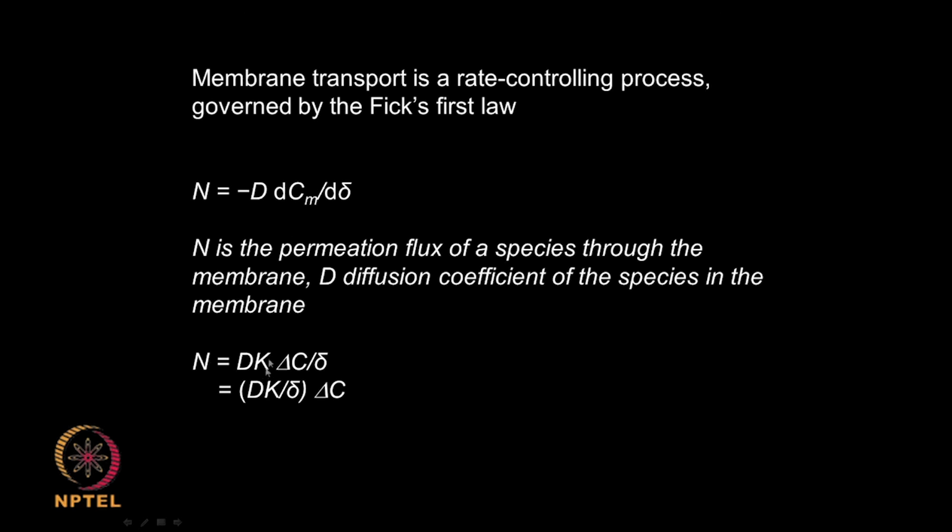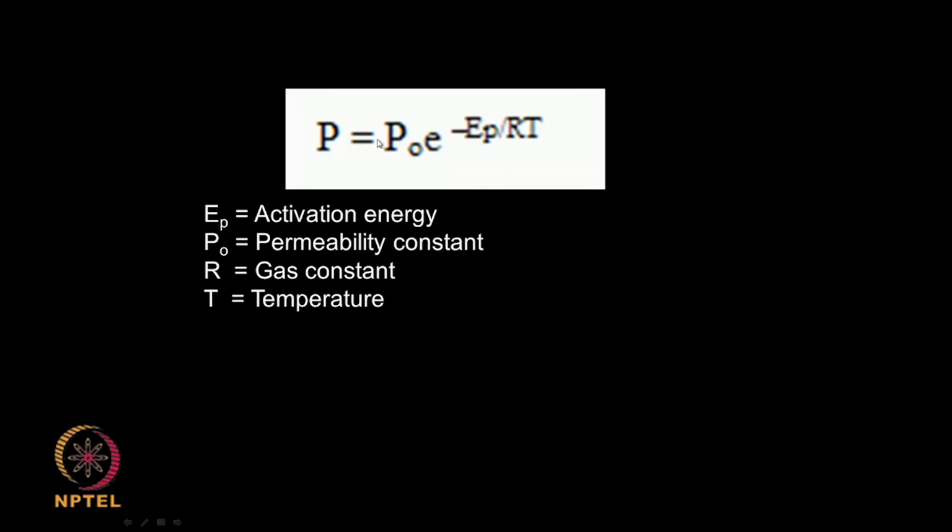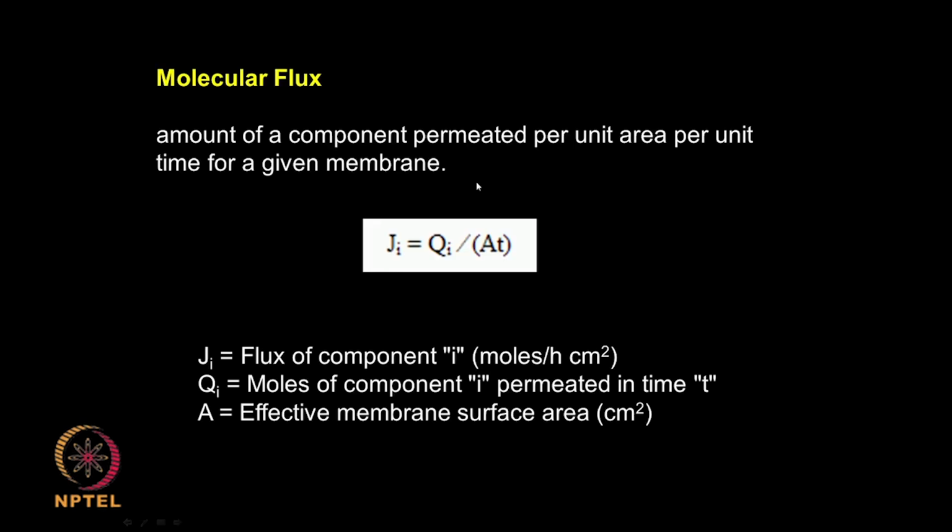So, if we integrate it, we end up with N equal to D K by delta multiplied by delta C, where D is the diffusion coefficient, K is the permeability, delta is the membrane thickness, and delta C is your driving force. So, that determines your flux on the left hand side, correct. Then the permeability is generally expressed like an Arrhenius type, P equal to P0 e to the power minus EP by RT, where EP is the activation energy, okay. R is the gas constant, T is the temperature, and P0 is the permeability constant.